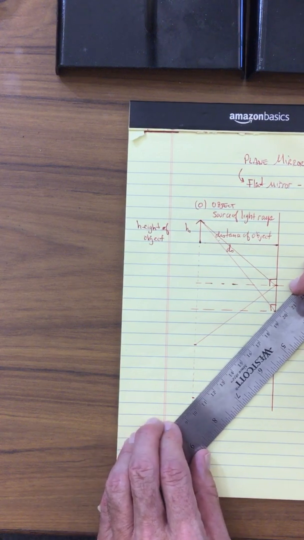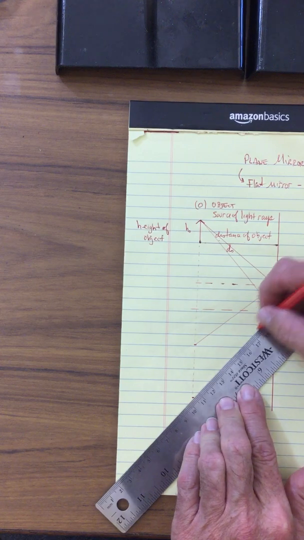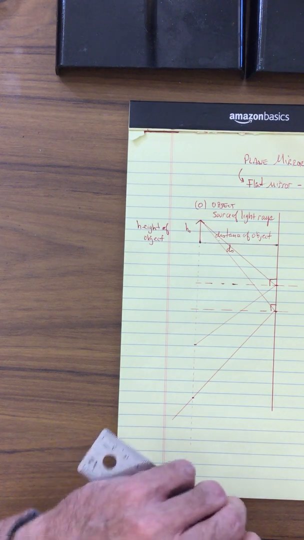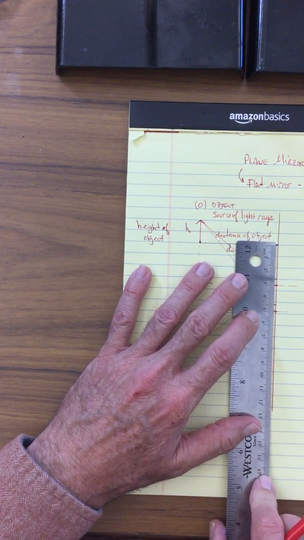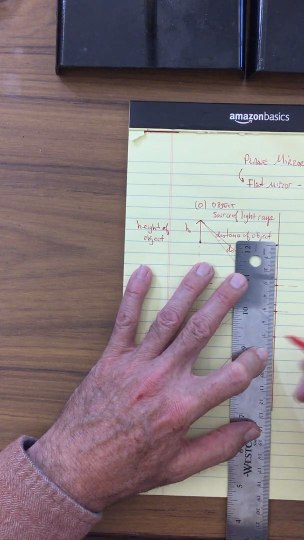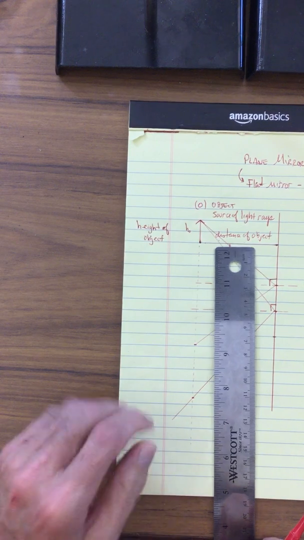So that means I'm going to have my reflecting ray coming off like this. Okay, so I went down 3, I went down 5. Let's go down to 7, away from this point right here.